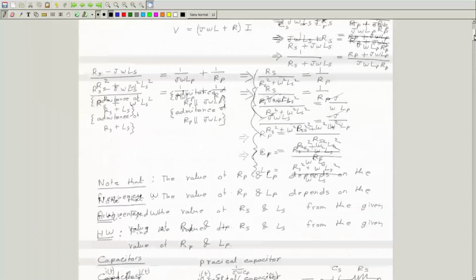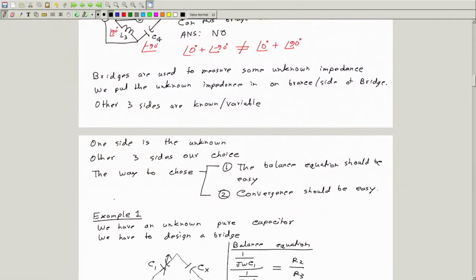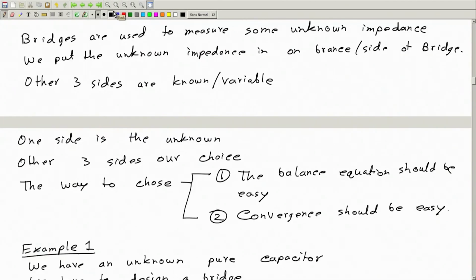I wrote this once, the way to choose how to design a bridge. It depends on these two factors: how simple the bridge is, and how easily the bridge will converge.